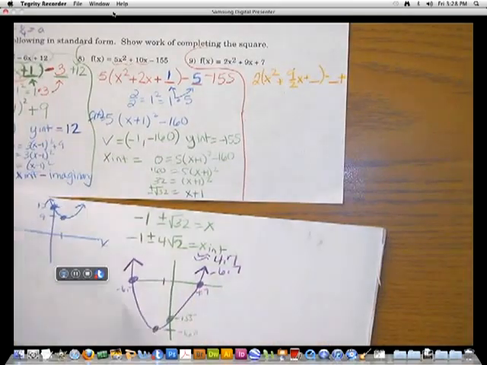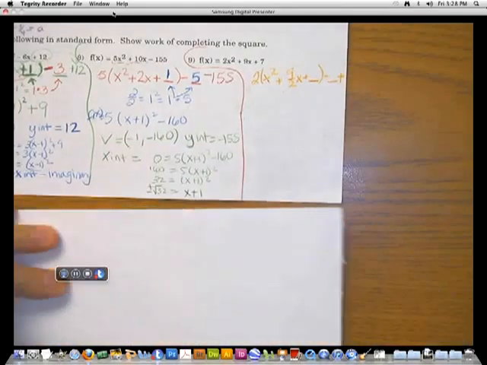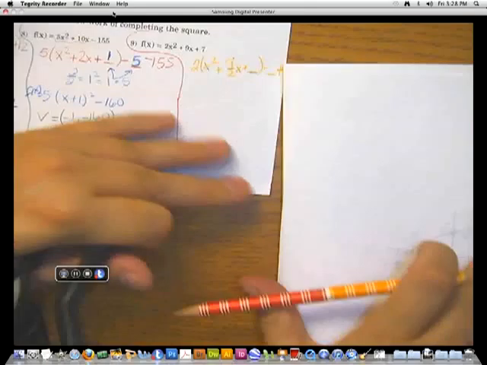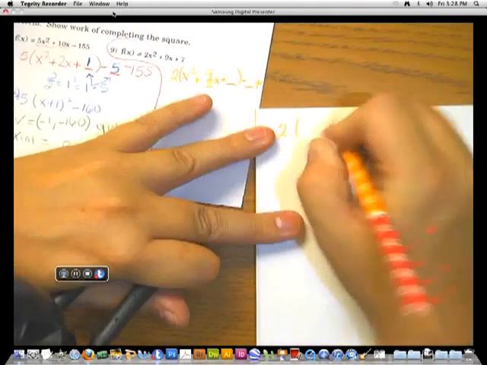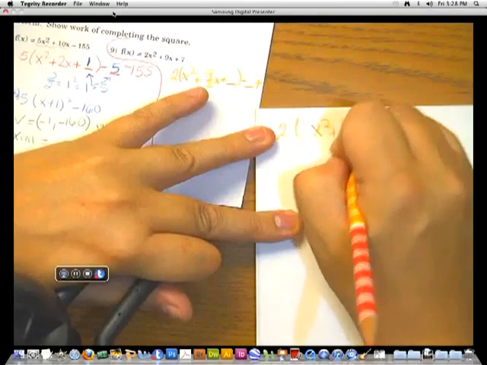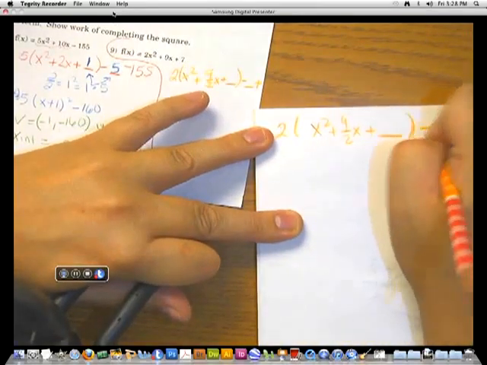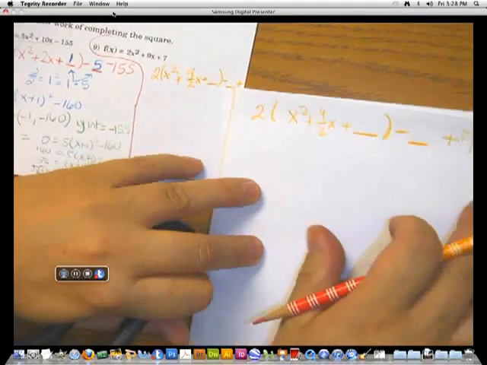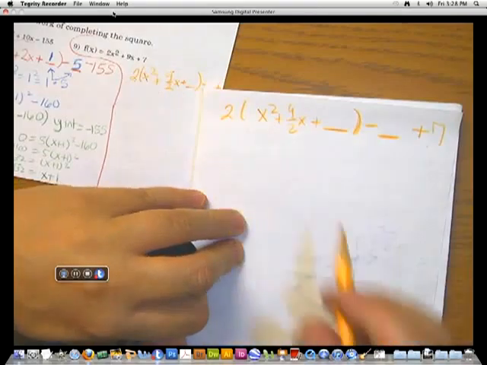the 7. And actually, I'm just going to pull out another piece of paper. So once again, we're pulling out the 2, x squared, 9 halves, leaving a space, minus a space, plus the constant that's on the end of it.